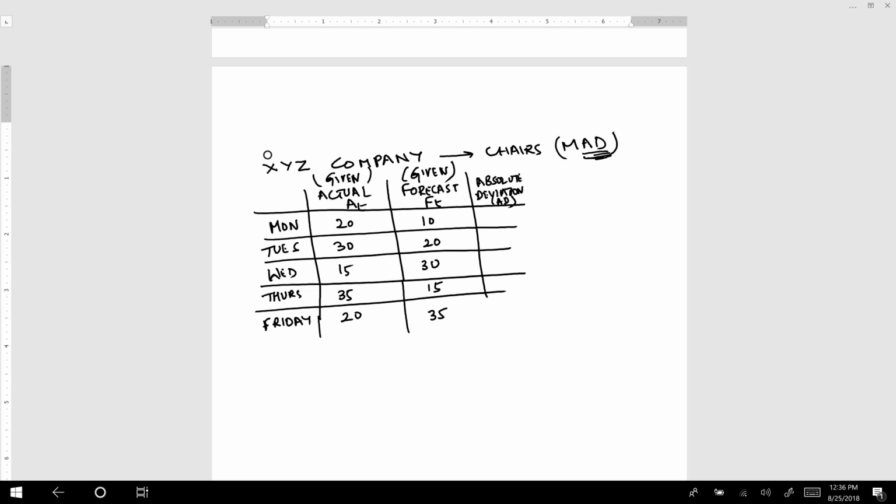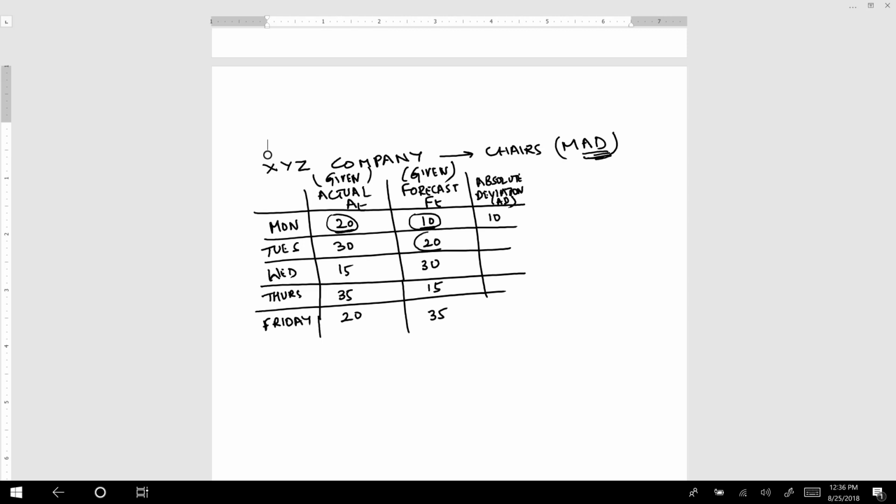Here this is 20. 20 is the actual value and the forecasted value is 10. So you forecasted 10 but the actual value turned out to be 20. So the error will be 10 units.